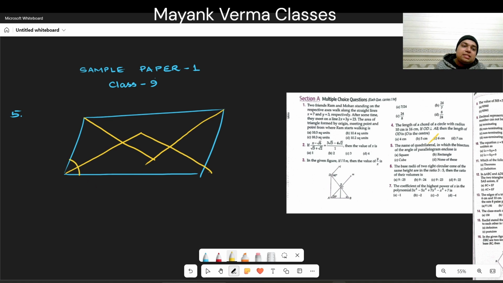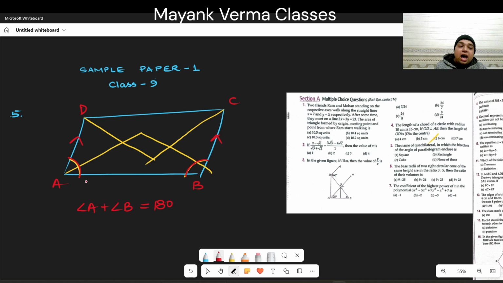See, let's name them A, B, C, D. So just quickly let's understand this, that angle A plus angle B will be 180 degrees. Why? See, AD is parallel to BC, so these will be co-interior angles.